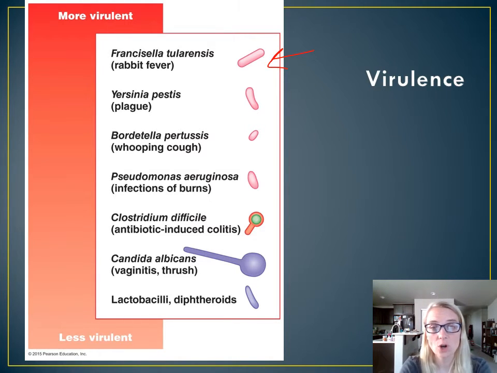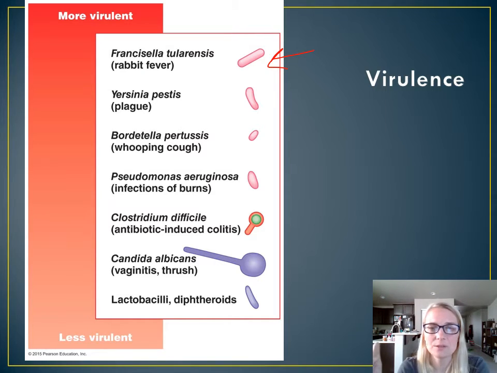The infectious dose of this particular pathogen is very small, like 10 cells. Now, when we're talking about bacteria, 10 cells is like nothing. Usually you'd have to have thousands and thousands of cells in your body before you actually get sick. So the reason why the rabbit fever pathogen is high on the virulence list is because it causes disease really easily.